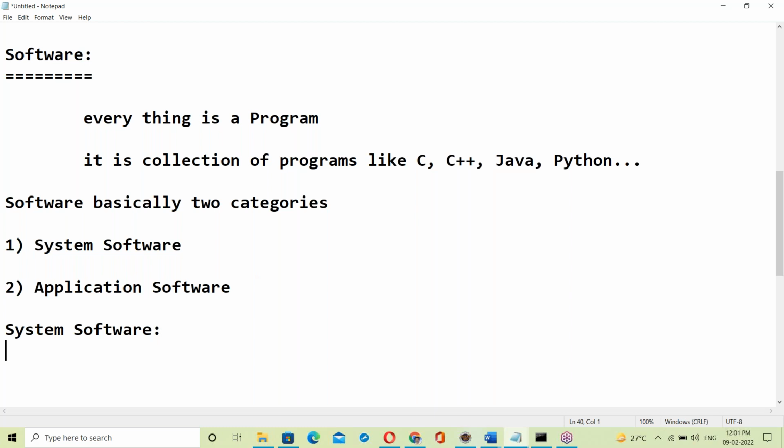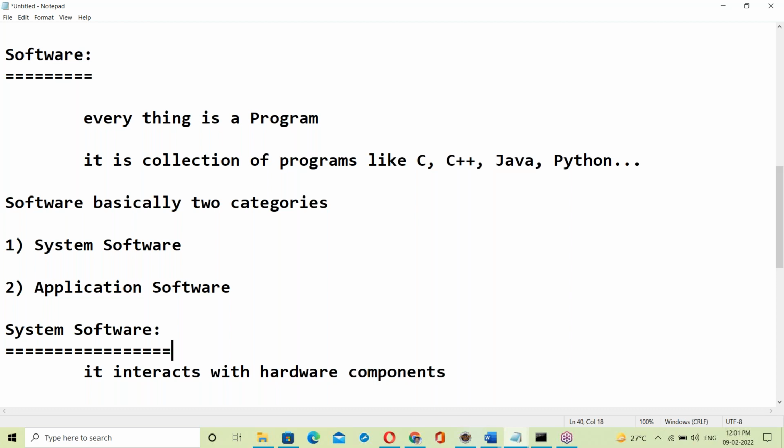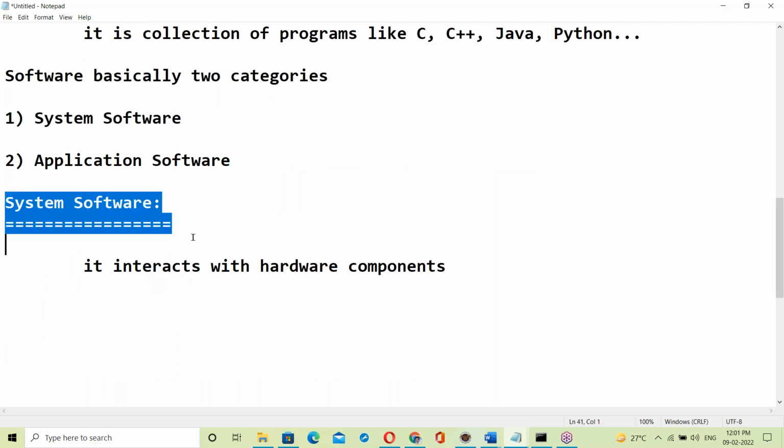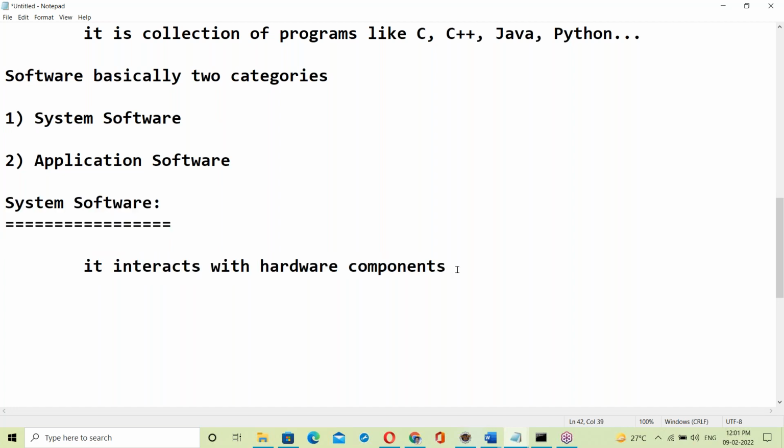What is system software? System software interacts with the hardware components. Examples are operating systems and device drivers, which come in this category.